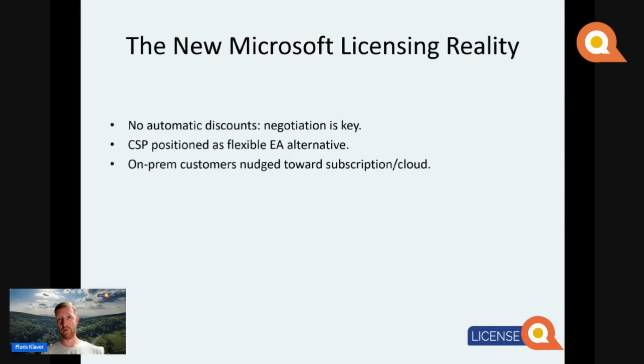CSP positioned as flexible EA alternative. In another video, I've already talked about it. Do always do your work around a viable CSP alternative, either fully migrating to CSP or seeing it as an extra layer on top of your EA, where you can say, okay, fine, Microsoft, you're doing this, I'm going to switch to a more flexible alternative in the enterprise, from the enterprise agreement to the CSP program.